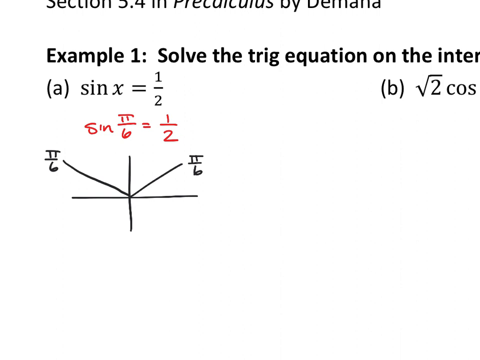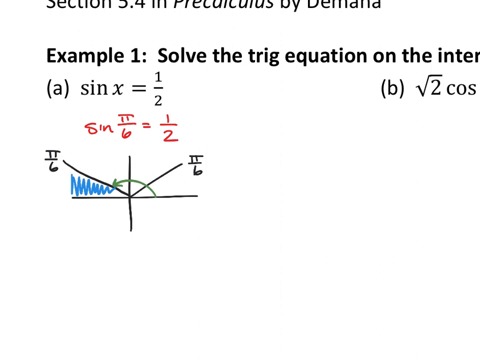Of course, when I'm talking about that, I'm talking about this being the reference angle of pi over 6, which means I need to know the actual angle from here to here. So it's not just going to be pi over 6, it's going to be an additional angle. What is that angle in the second quadrant? 5 pi over 6.